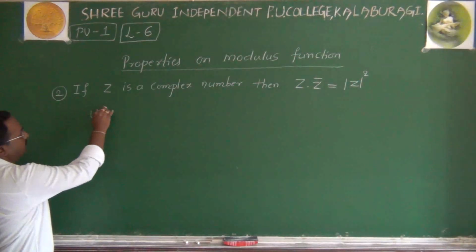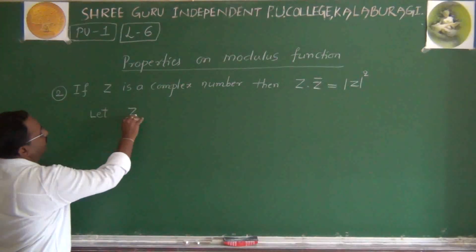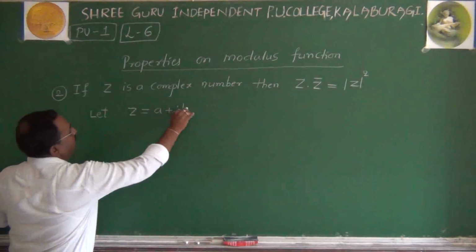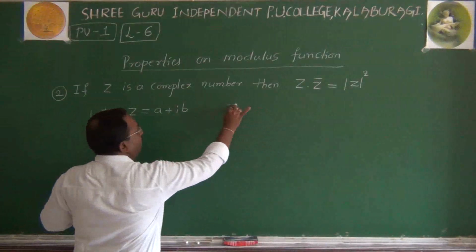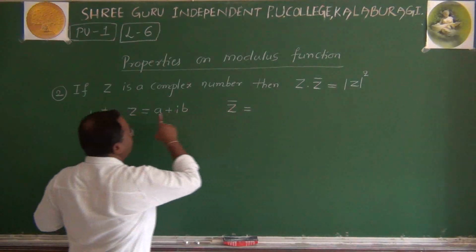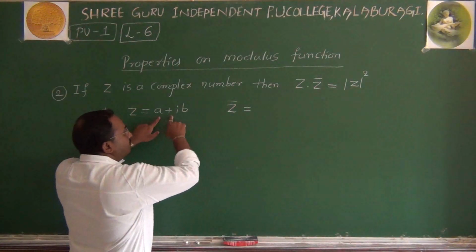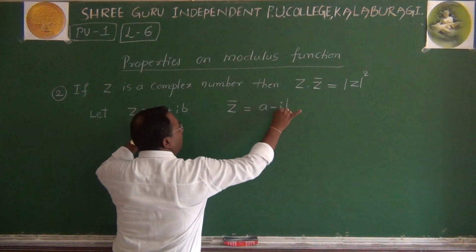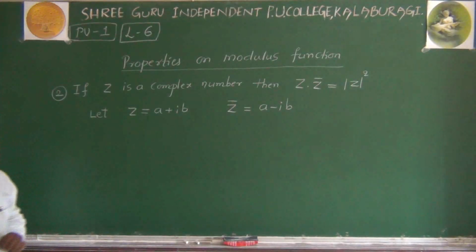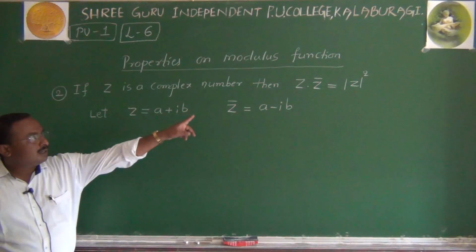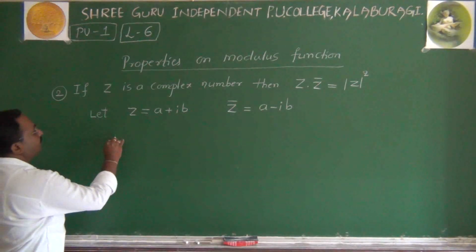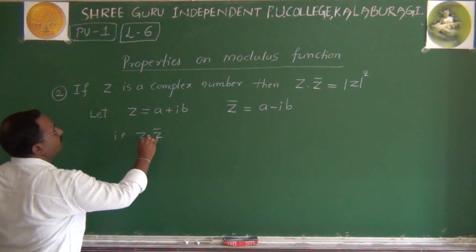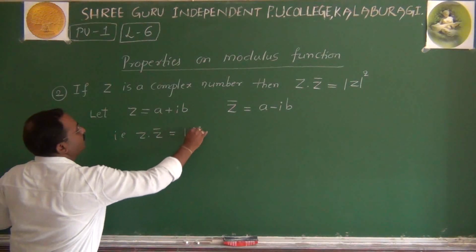Let Z be a complex number, A plus iB, and its conjugate Z bar is A minus iB. Verify that one: LHS is equal to RHS. That is, Z into Z bar is equal to modulus of Z whole square.